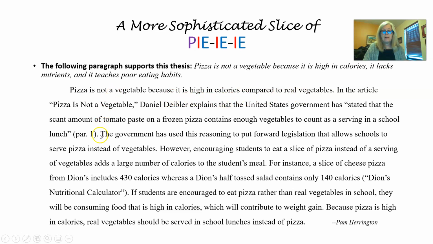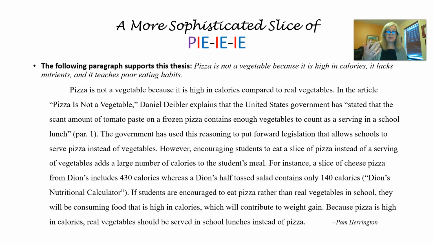Let's cruise on. Okay, so now we know what this guy says. The government has used this reasoning. Oh, we're explaining this. The government has used this reasoning to put forth legislation that allows schools to serve pizza instead of vegetables. However, a little pivot point. However, encouraging students to eat a slice of pizza instead of a serving of vegetables adds a large number of calories to the student's meal.